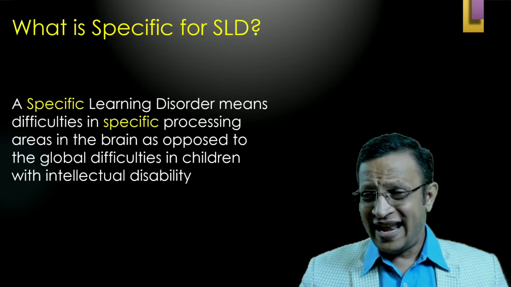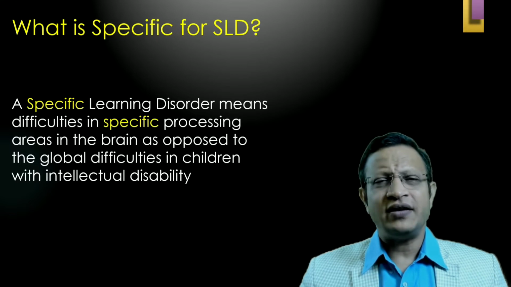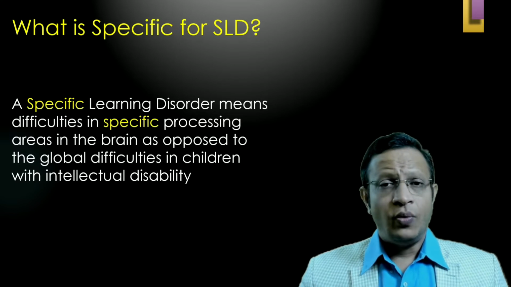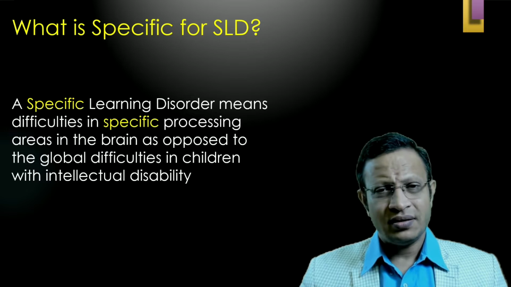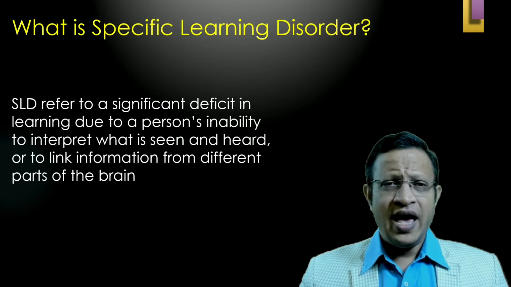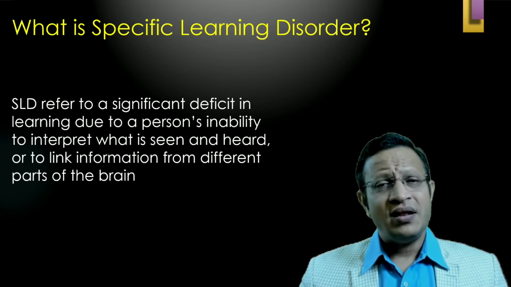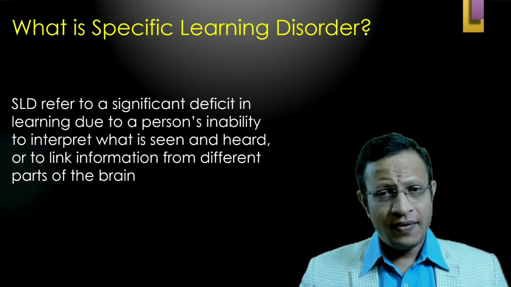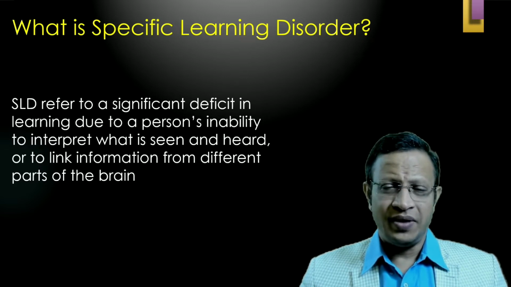As the name suggests, in specific learning disorder, it is only specific areas of the brain that are not working or are disturbed. Whereas in intellectual disability, the old term being mental retardation, there is a global underperformance. SLD refers to a significant deficit in learning due to a person's inability to interpret what is seen, what is heard, or to link the information from different parts of the brain.